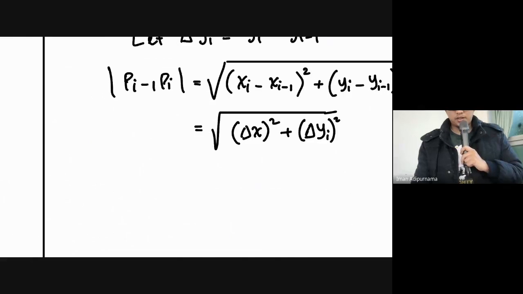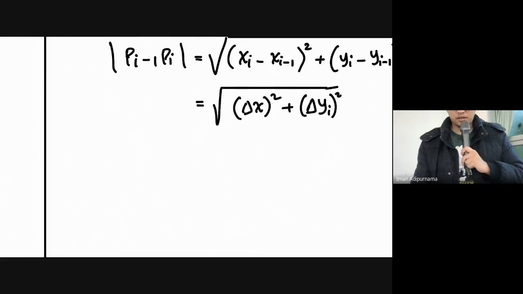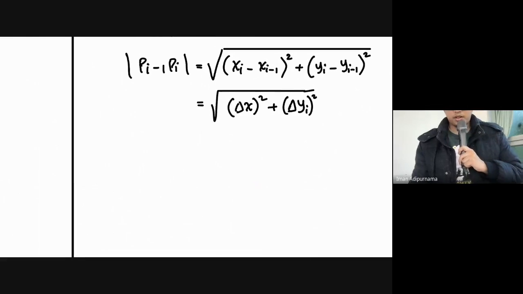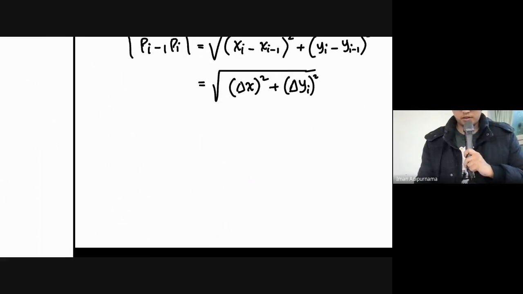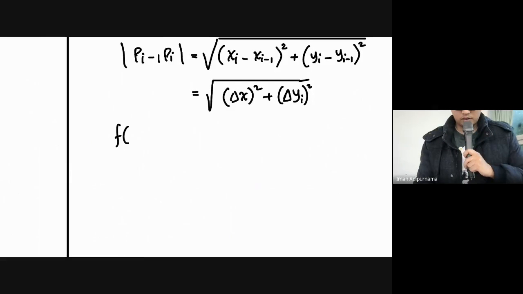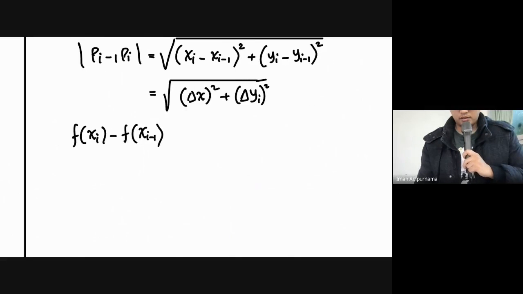And actually our distance, we can put this formula into another formula, or you can write y also fine.